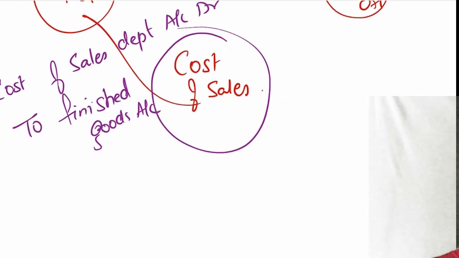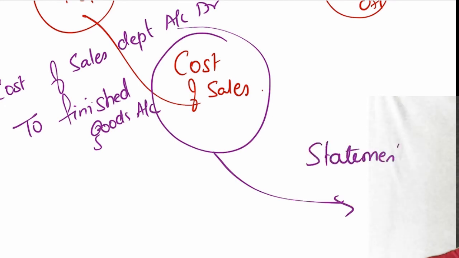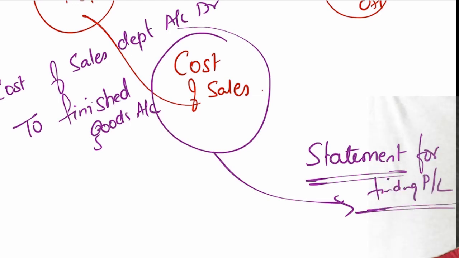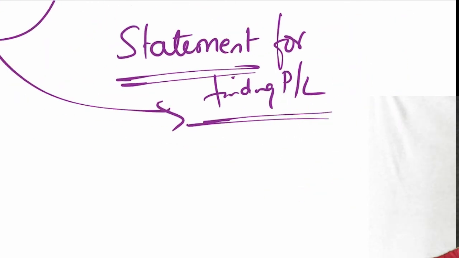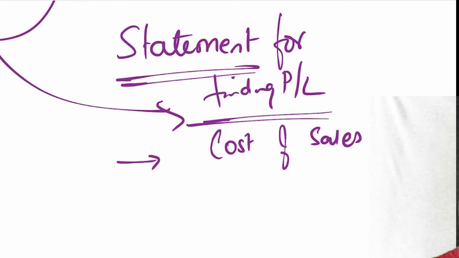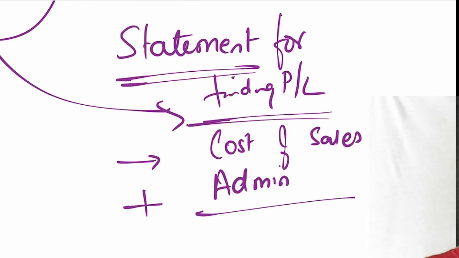From the cost of sales, we make a statement. We make a statement for finding out profit or loss. We make a statement to find out what? Profit or loss. Now see here, I have cost of sales, right? I will add administration.